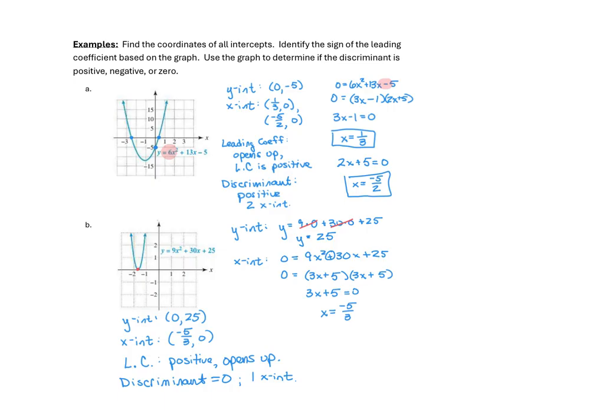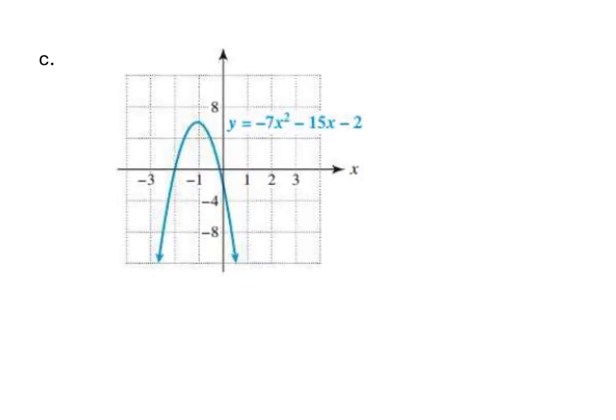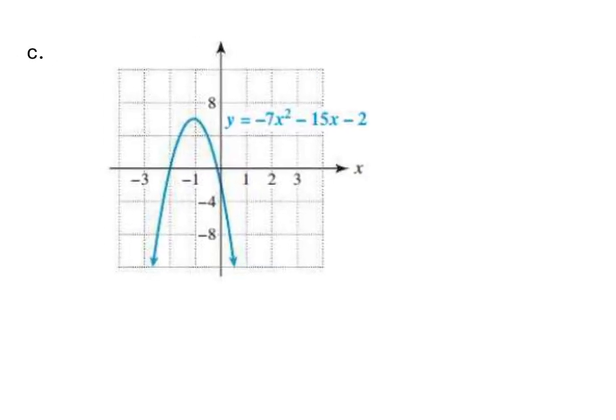Let's look at one more. Let's look at example C and figure out what we've got here. Okay, we're going to start with intercepts. I can see my y-intercept here, and it looks like it's about halfway there.